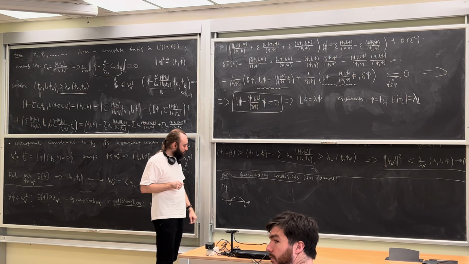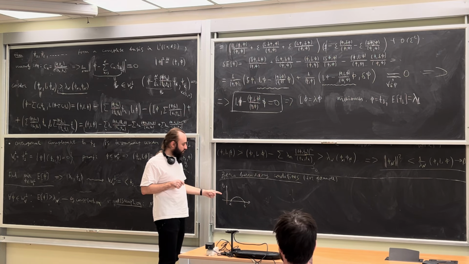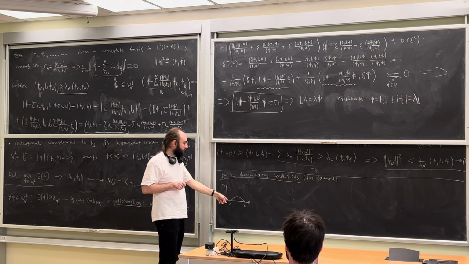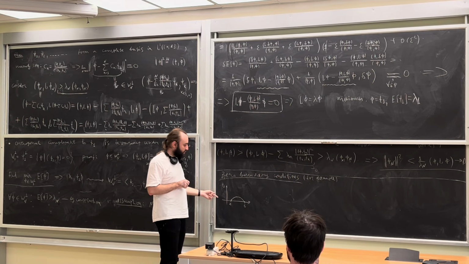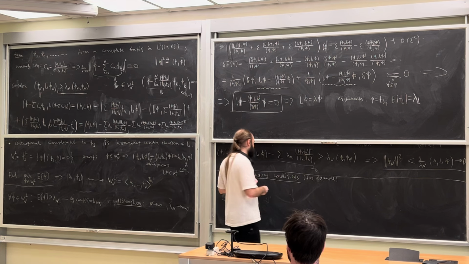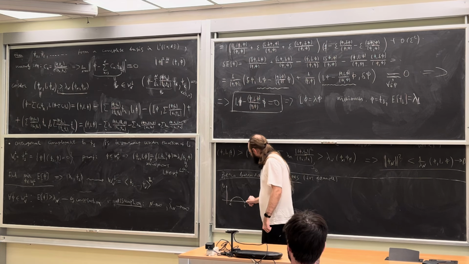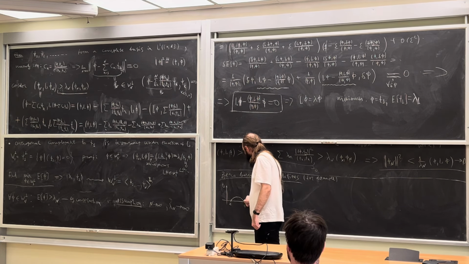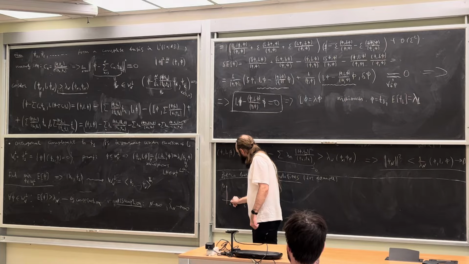Probably we need to prove that the lowest eigenfunction has no zeros except at the boundaries, but let's assume that it is true. It does not affect all other parts of this argument.